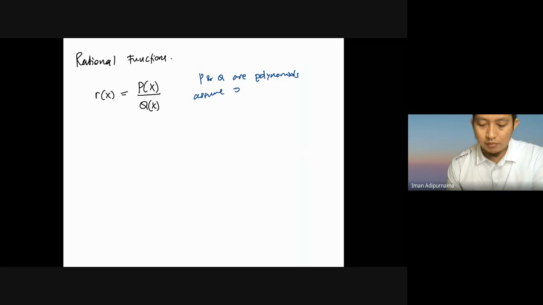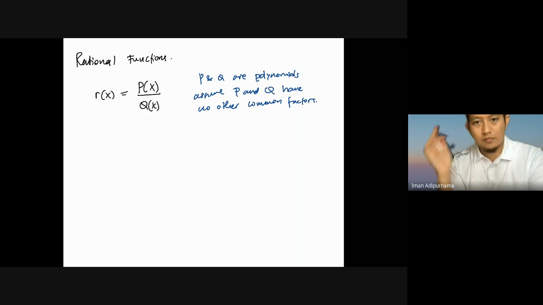Assume p and q have no common factors. And first, let's start with f of x. The easiest one is 1 over x.